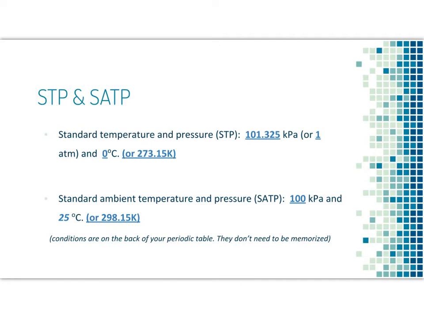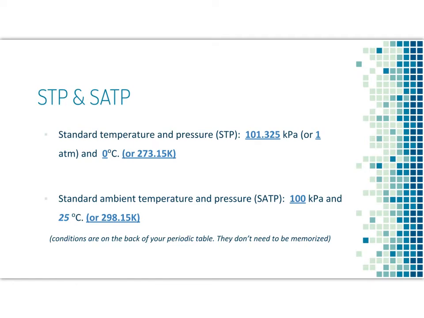STP stands for standard temperature and pressure. This is at 101.325 kPa, or 1 atmosphere, and 0 degrees Celsius, so 273.15 Kelvin. 0 degrees Celsius is kind of cold, and if you're doing this in a lab, you have to cool everything down. So STP is kind of tricky.